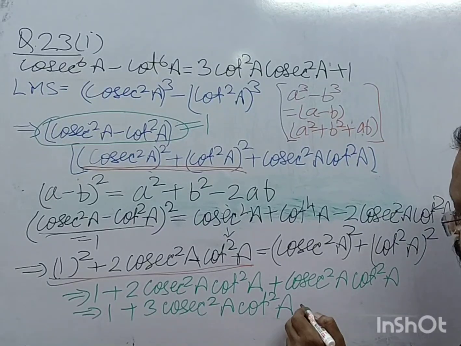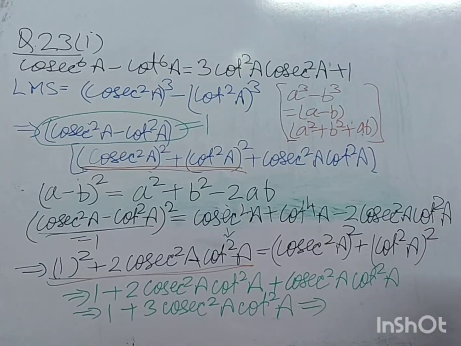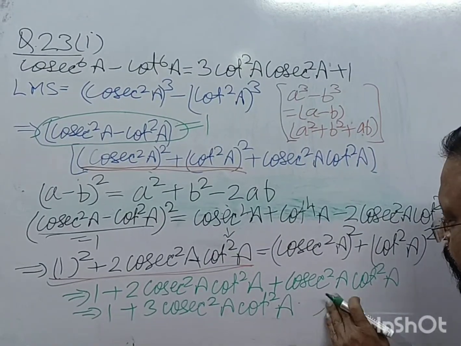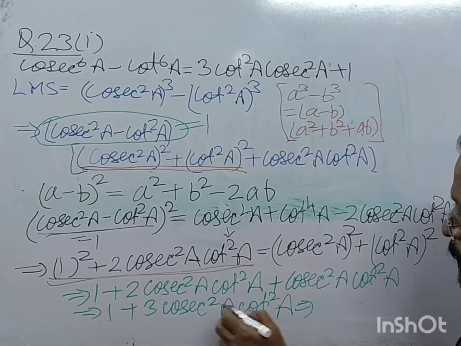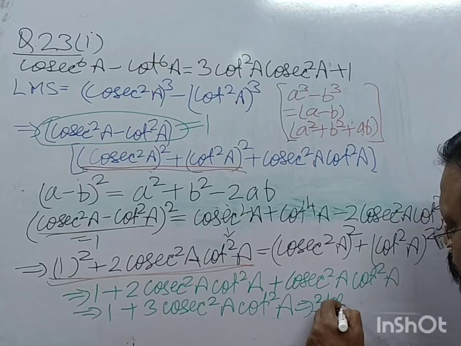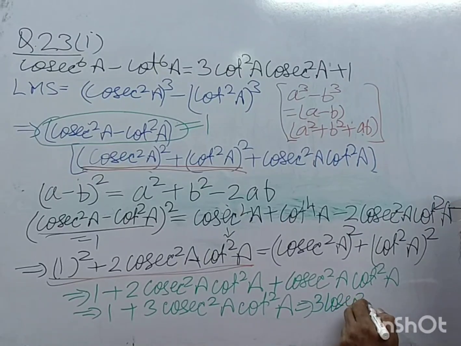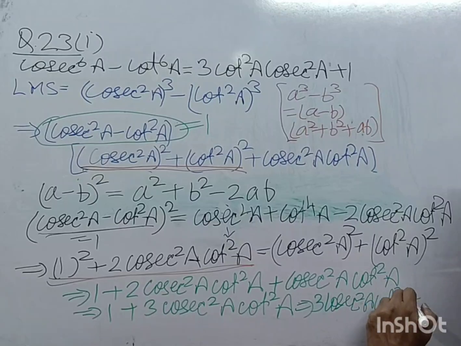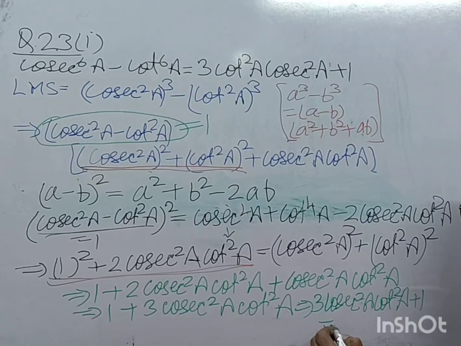So this is how we get, or you can write it in that way, associative property. So you can write 2 cosec square a cot square a plus 1 is equal to RHS.